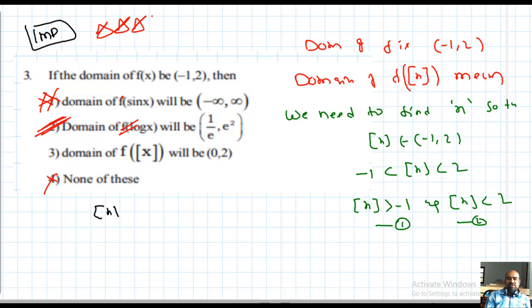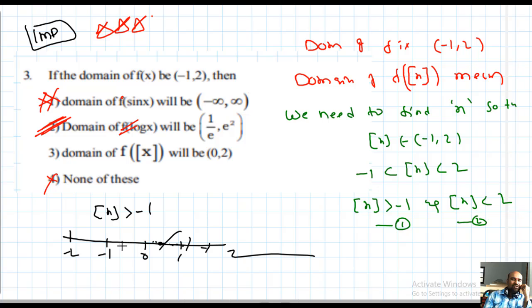First of all, step x is greater than minus 1. I will show you by using a number line. This is minus 1, this is minus 2, this is 0, this is 1, and so on. If you take x as 0, step 0 is 0, and 0 is greater than minus 1, true only. I can take all these values, 1 also I can take. If you take minus 0 point something, step of minus 0 point something is minus 1, and minus 1 is not greater than minus 1, wrong.